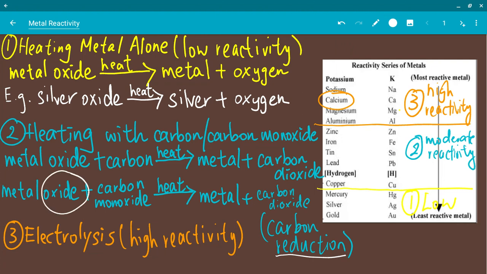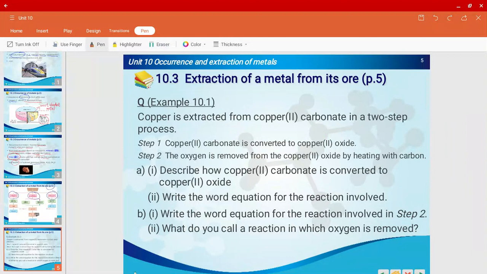In this word equation, you have oxide in the beginning, in the reactants. However, after the process, you do not see oxygen in the metal anymore. So oxygen in this case has been reduced, hence the name carbon reduction. There are some other meanings behind this word reduction, which you will learn in a couple more chapters later.